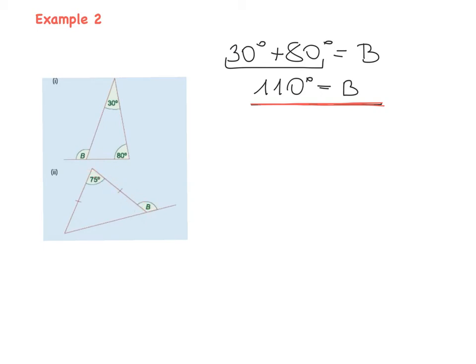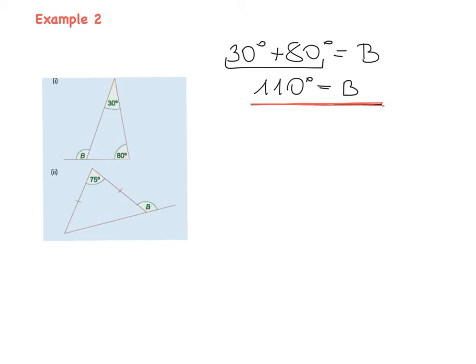So first of all, we need to find these two angles. So we can use theorem number 4 first. When we add all of these angles, we'll get 180. And also, we can use the property of the isosceles triangle. If these sides are the same, these angles are also the same. And this is theorem number 2.